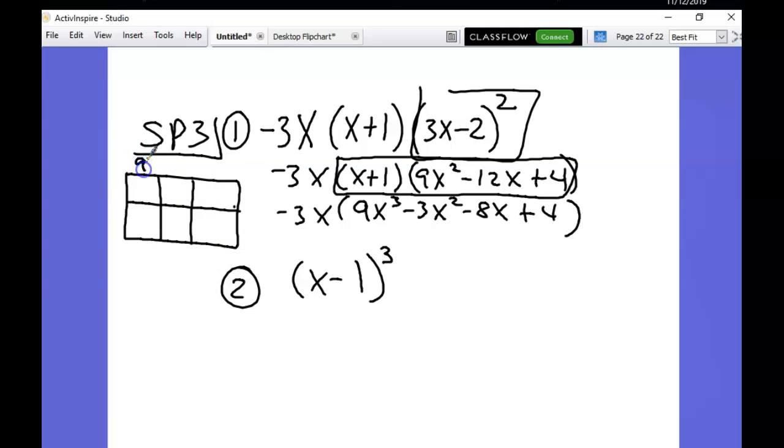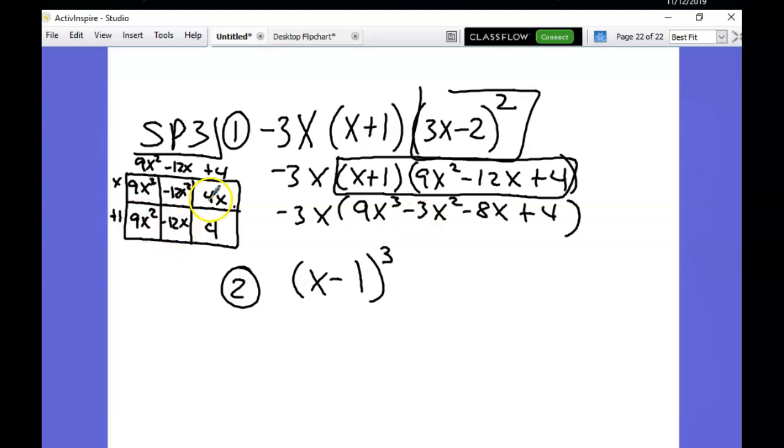Kind of tiny, sorry. Not much space. So you have 9x cubed. Negative 12 and positive 9 makes negative 3.